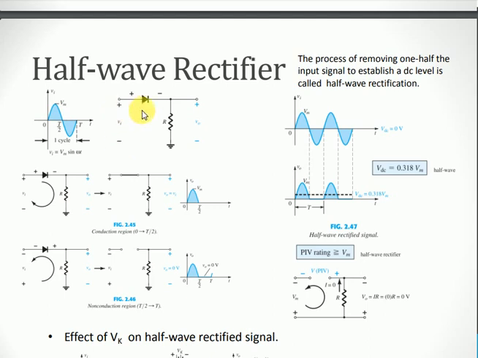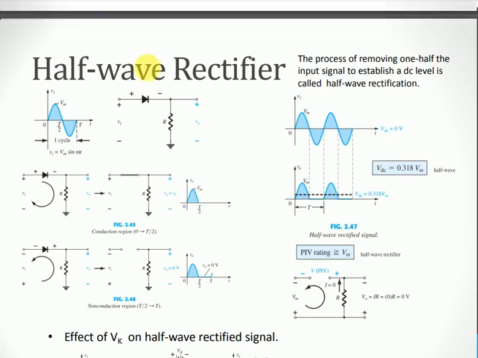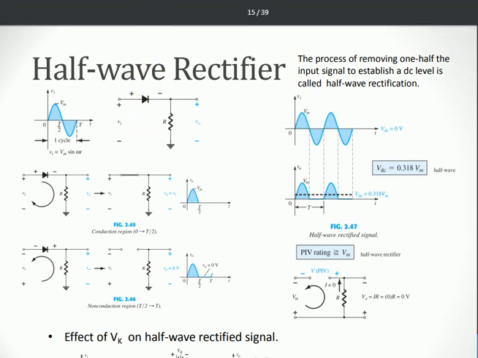So this positive cycle will cause the diode to be forward biased. When the diode is forward biased, it acts as a short circuit. Remember, in this case we are discussing the ideal diode. When the diode is ideal, Vd or Vk is equal to 0.